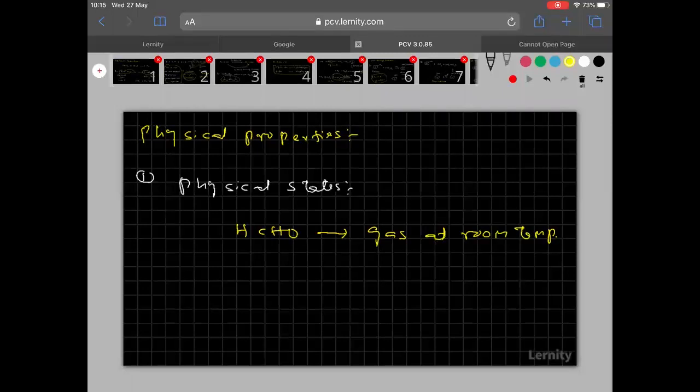Finished. Then coming to ethanal, CH3CHO. So what about ethanal? Remember everyone, ethanal is a volatile liquid.